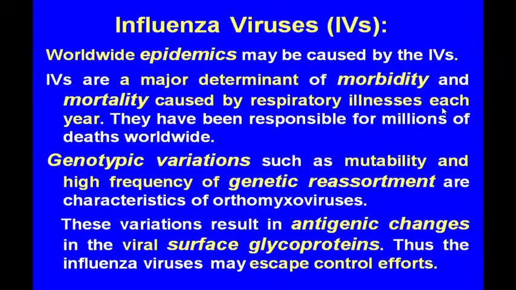These two types of genetic variations, mutation and gene reassortment, result in so-called antigenic changes, antigenic variations of the viral surface glycoproteins. If this happens, the virus escapes from immune system control.